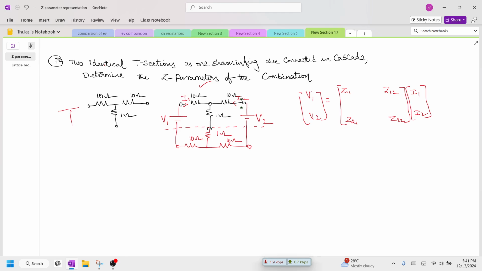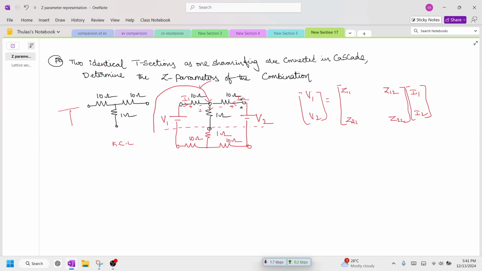So here a current of I1 is flowing, therefore the terminals are positive, negative, and the current entering into the 10 ohm is positive and leaving is negative. And therefore, when you apply Kirchhoff's current law at the node, I1 current is entering, I2 current is also entering.